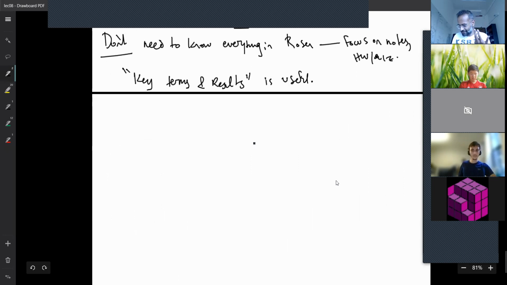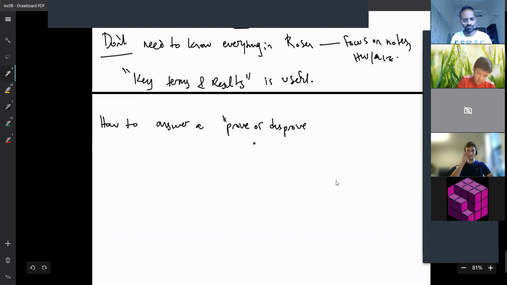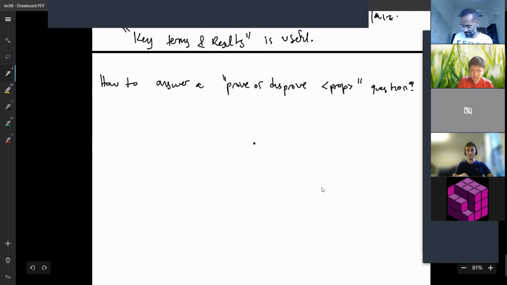And finally, I want to remind you of how to solve a prove or disprove question, for some proposition. Many of you have asked about this because it's a lot more open-ended than the previous math courses you've done.